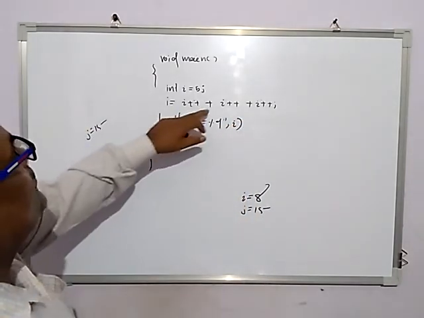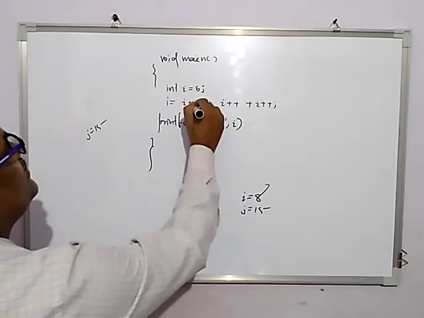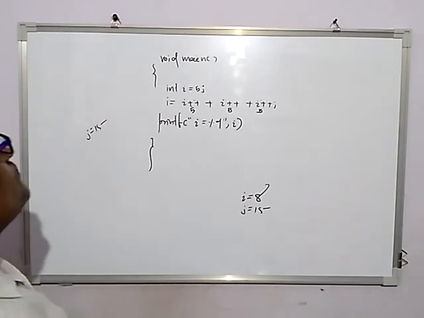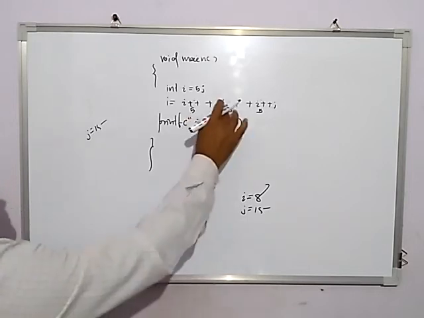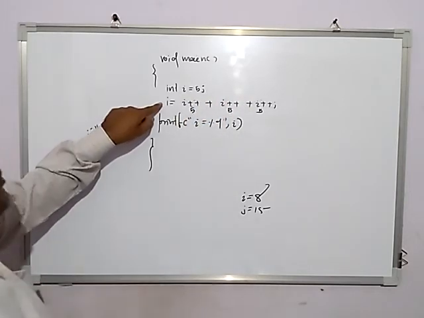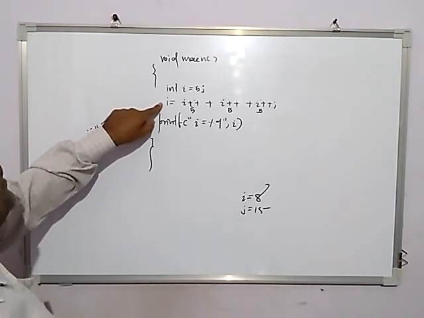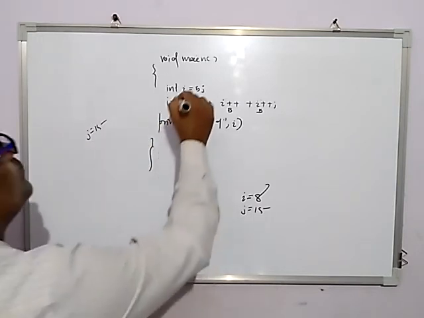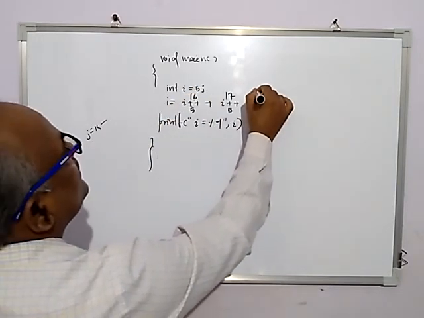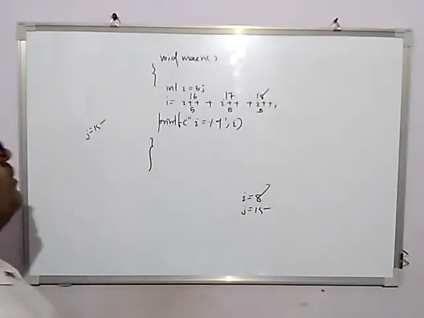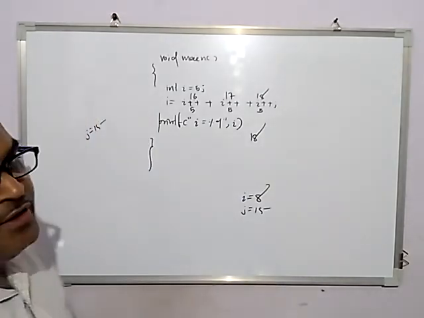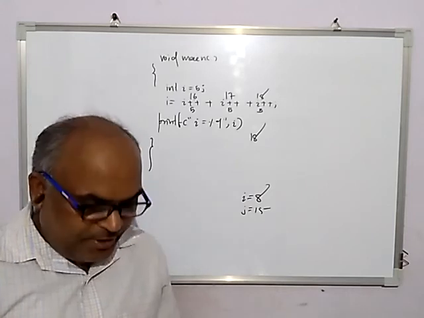Here i++ + i++ + i++ is postfix, which means this is 5, this is 5, this is also 5, because the value of the variable is used. So 5 plus 5 plus 5, 15. Now i equal to 15. After assigning 15, it increases. Since there are three postfix operators, it increases by 1 each time, so this is 16, this is 17, this is 18. Now what will be the value of i? i equal to 18. So in this way we can use the postfix increment operator.